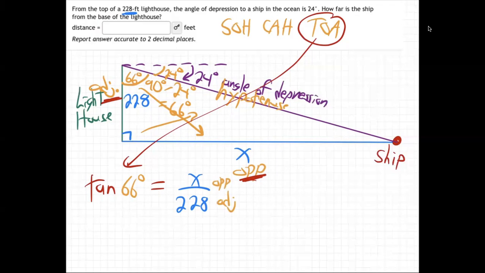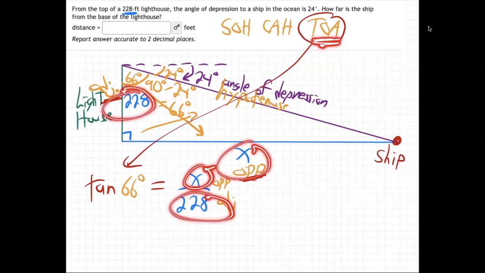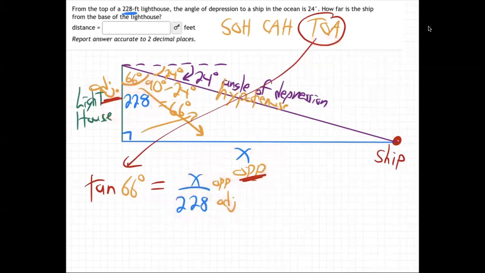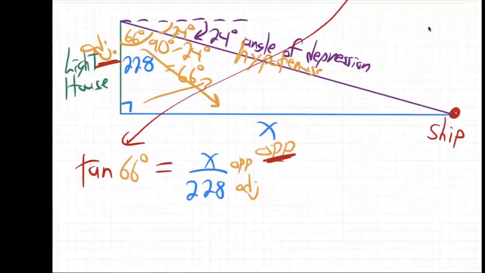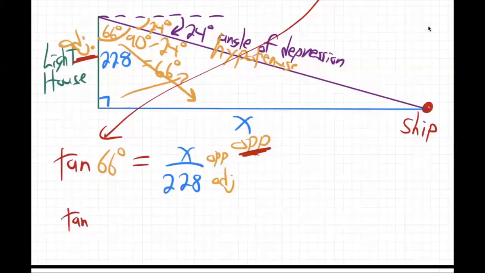Tangent is opposite over adjacent. X is the opposite, 228 is the adjacent, and 66 is my angle. So I've got that little situation. Let me bring it down here. Tangent of 66 degrees is X over 228.